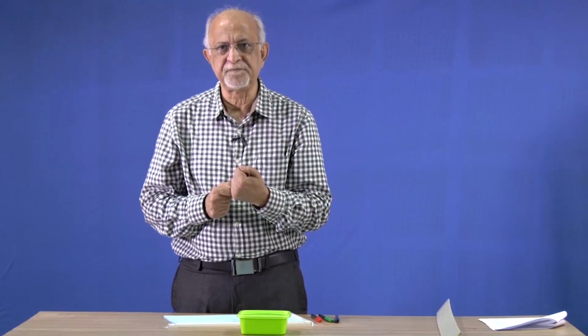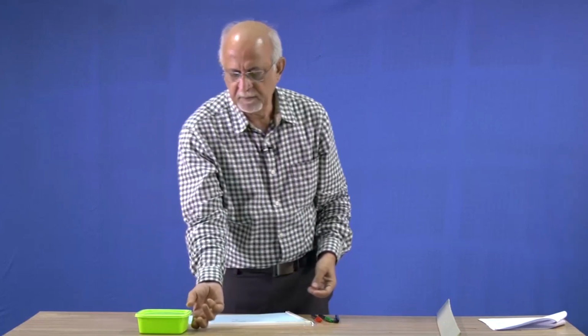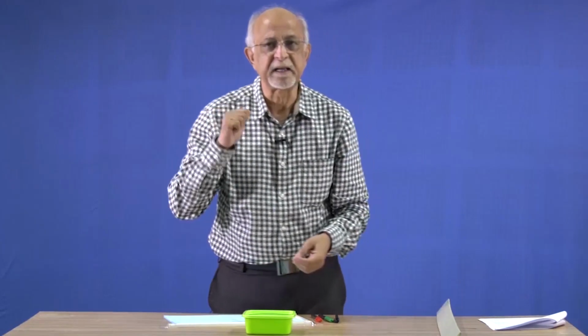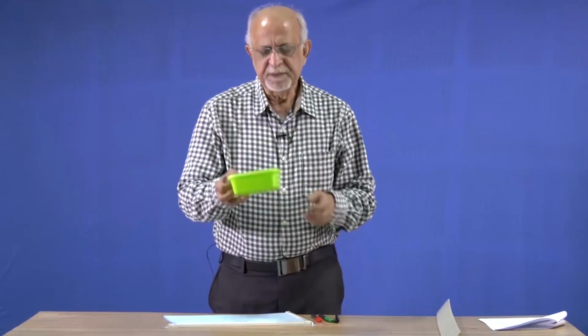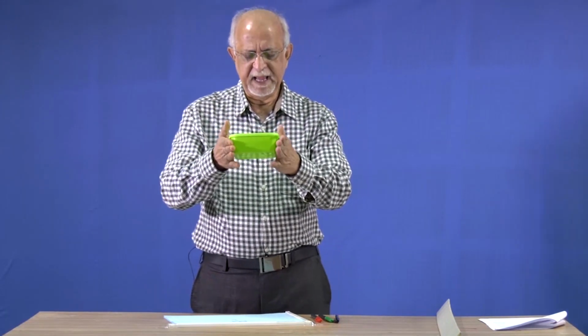One is its weight, another is normal reaction. It starts moving only when some unbalanced force like this push or maybe the pull starts coming. Now, suppose I pick up this box and I am applying.